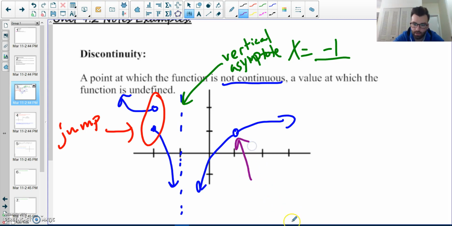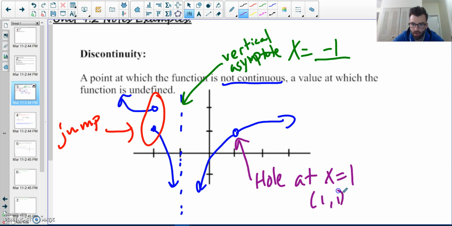This right here is called a hole. A hole at, and this is how we're going to write it, x equals 1 with a value of 1, which means if the function did exist at this x value, then I would have 1 as my output.